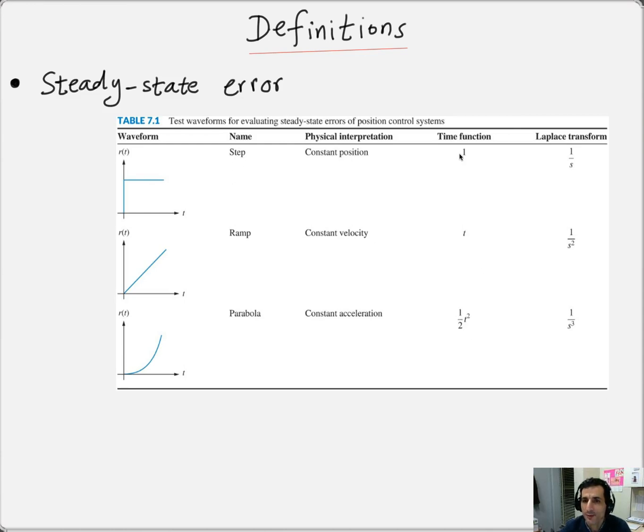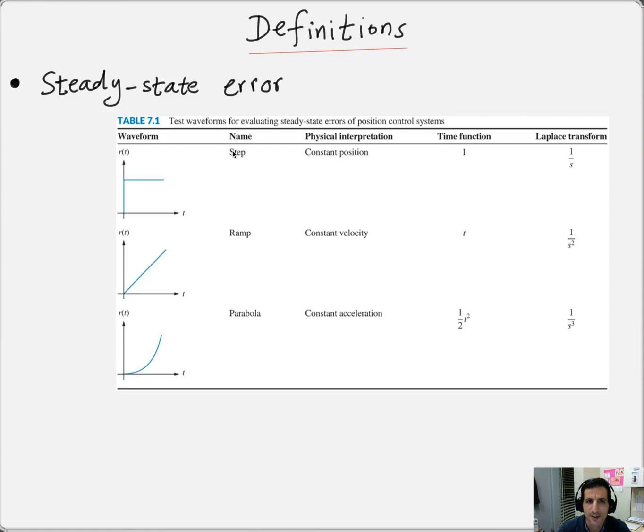Now in the Laplace domain, for a step function, the Laplace transform would be 1 over s. For a ramp, it would be 1 over s squared. And for 1/2 of t squared, it would be 1 over s cubed. Now, if you assume a position control system where the output position must follow the input commanded position, we can make some physical interpretation of these three test waveforms.